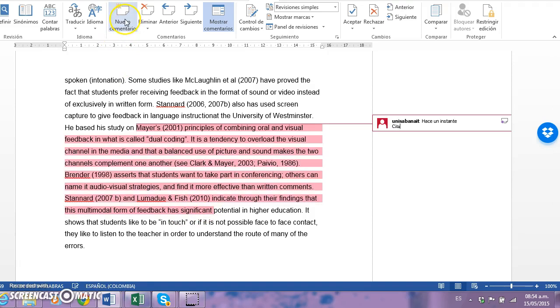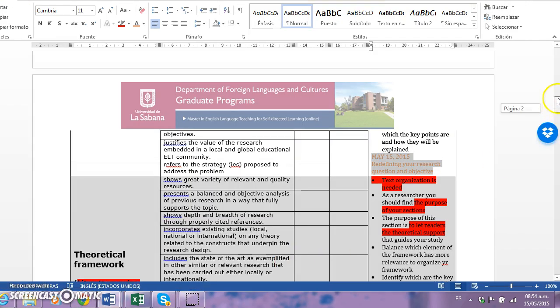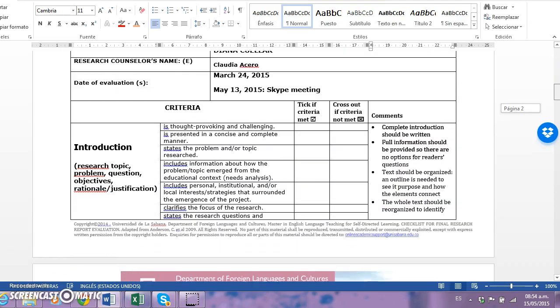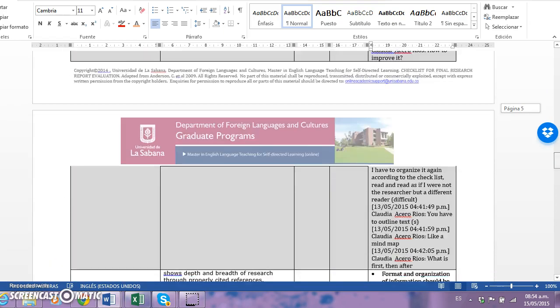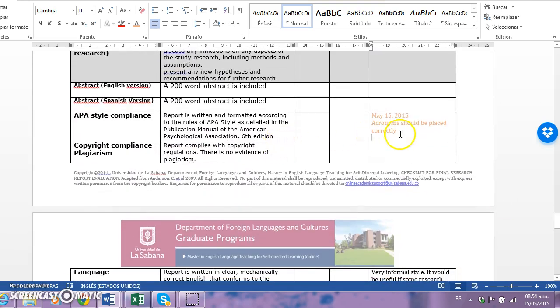So you have to follow the APA style. So it's compulsory, it's not optional. It's an academic paper. So pay attention to what you are doing and to the use of APA style format. So revise the whole document.